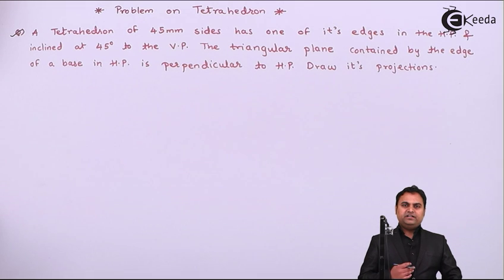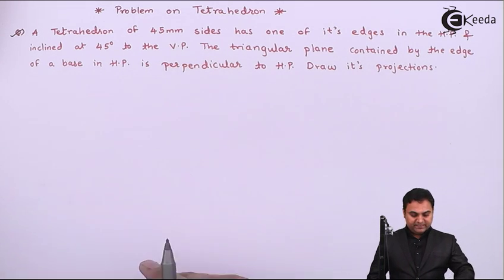First, by reading we understood that the type of solid is a tetrahedron. I'll draw the diagram for it.